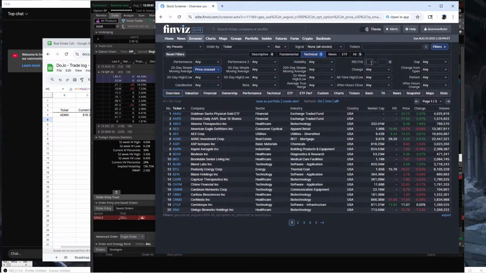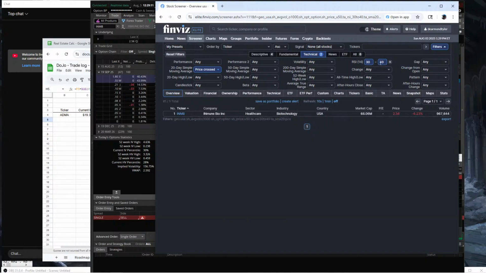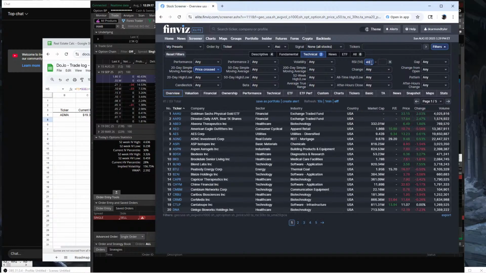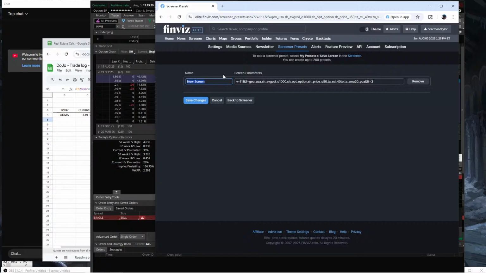We want the RSI to be between 30 and... it's only going to be right there. Okay, so maybe let's do 40 and above. Let's save this. Save the screen. Save this, CSPs.